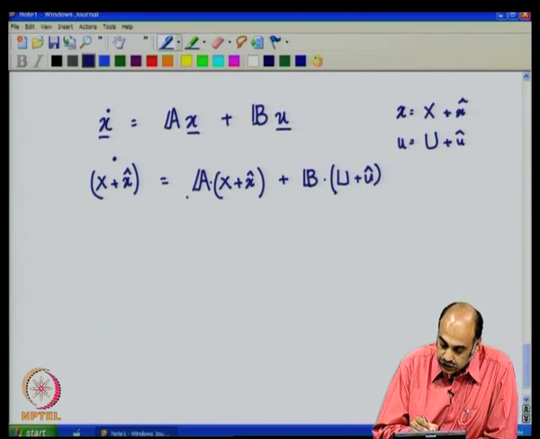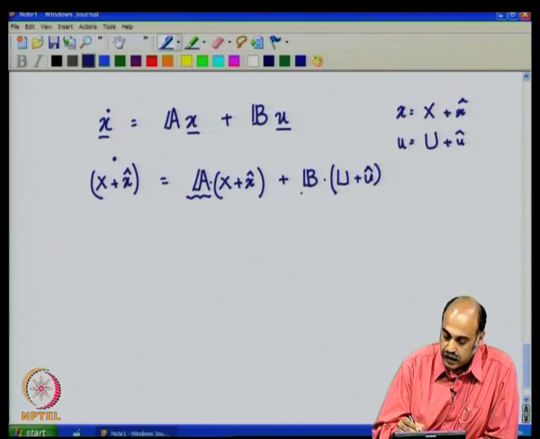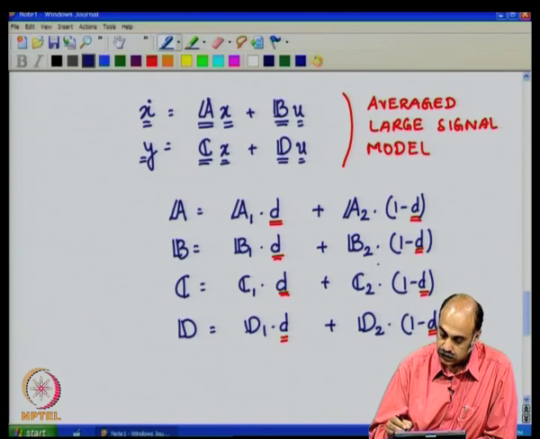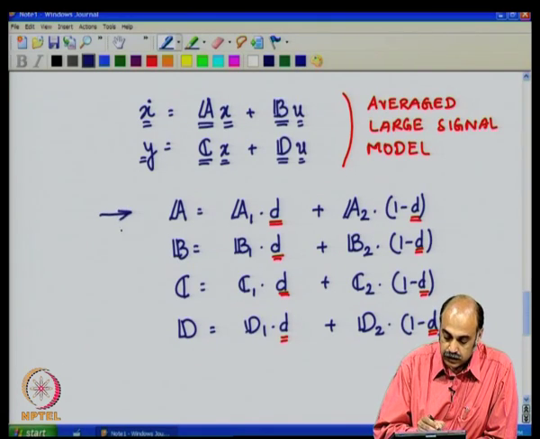And A and B themselves can be written as these.